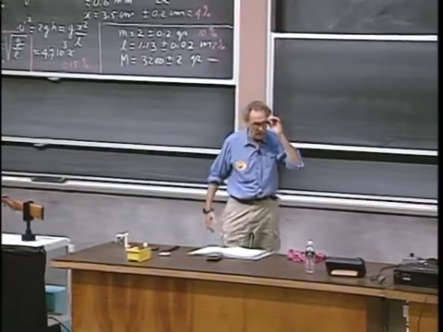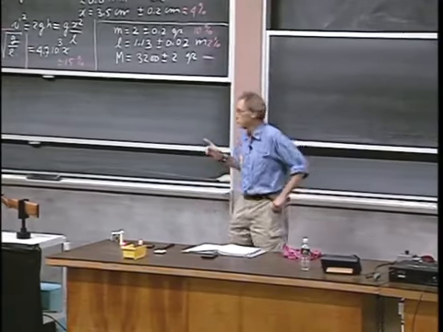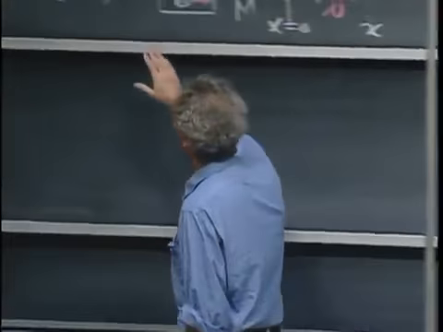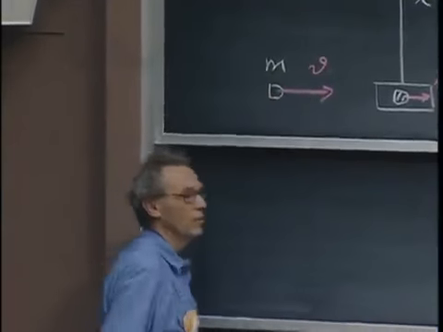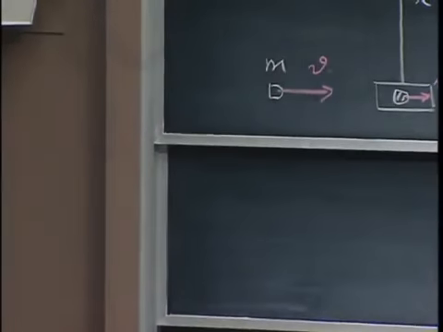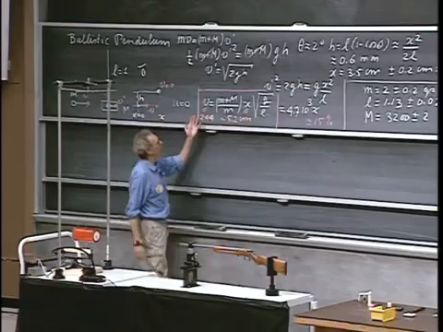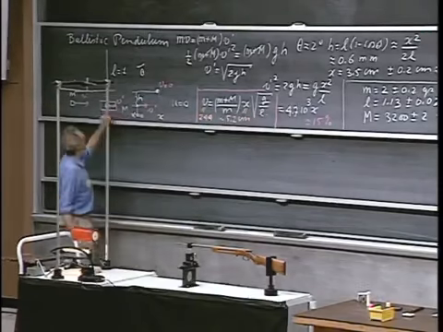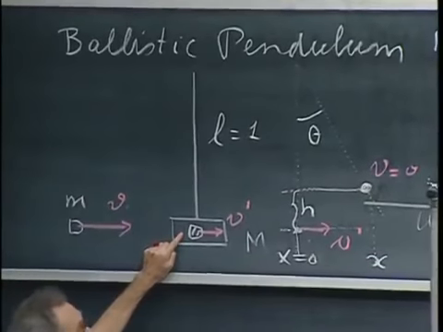We had kinetic energy in the bullet before the bullet hit the block. And you can calculate how much that is, because you know the speed now, and you know the mass: 1/2 mv squared. You can also calculate how much kinetic energy there is when this bullet is absorbed in here. That's very easy.